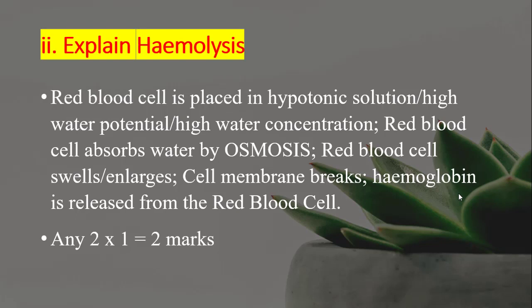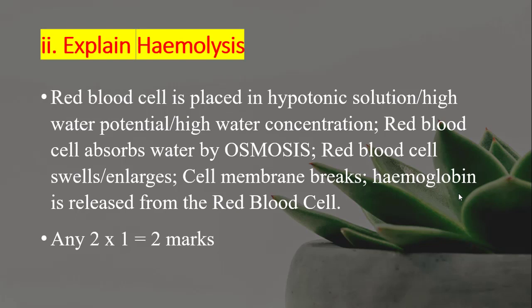If you are doing this in the lab, you do your centrifugation and you have your red blood cells. You place them in distilled water to create that hypotonic environment that you need. Initially you have transparent distilled water and nothing happens.